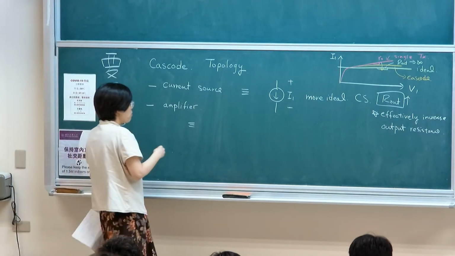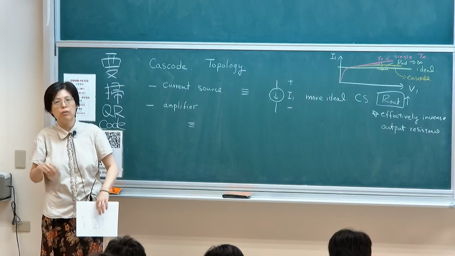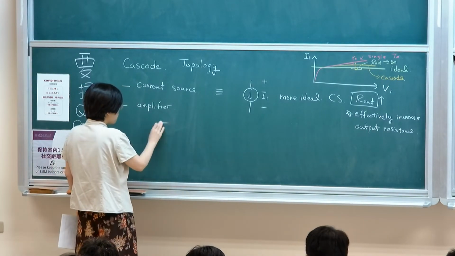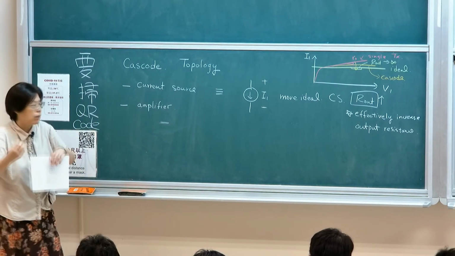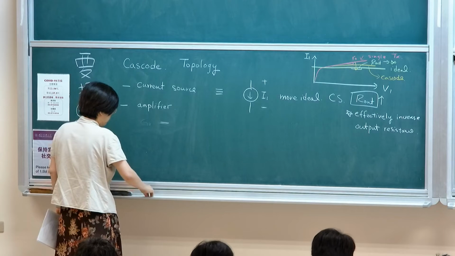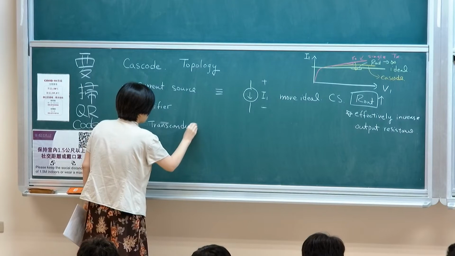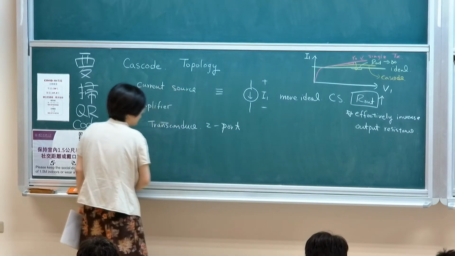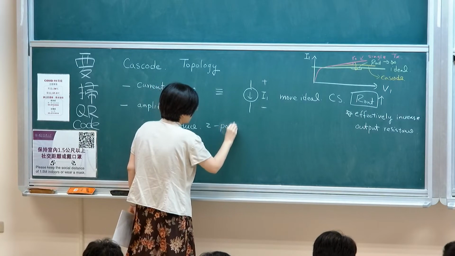This can also be beneficial for an amplifier circuit. If you think about an amplifier, typically we use a voltage-controlled voltage source. But for a transistor amplifier, it's more similar to a transconductance model. We call it the transconductance two-port model.